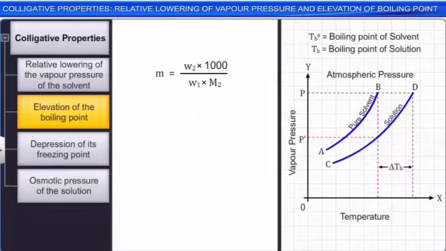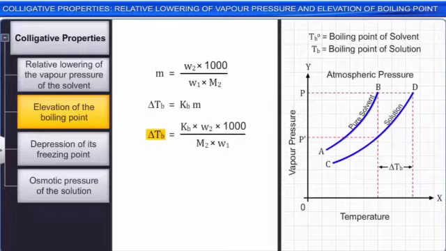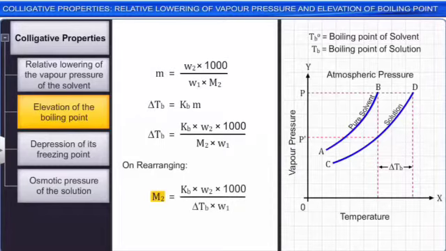Substituting this value of molarity in the equation for elevation of boiling point, we get delta Tb is equal to Kb multiplied by W2 multiplied by 1000 divided by M2 multiplied by W1. Rearranging this equation, we get M2 is equal to Kb multiplied by W2 multiplied by 1000 divided by delta Tb multiplied by W1.